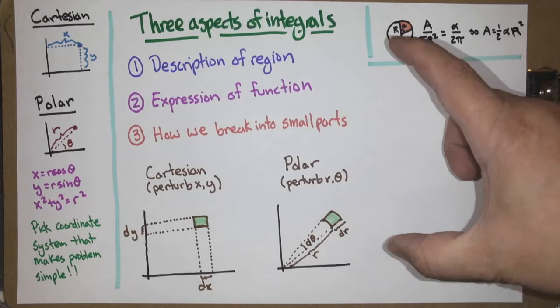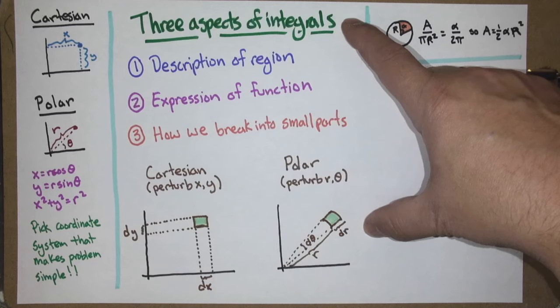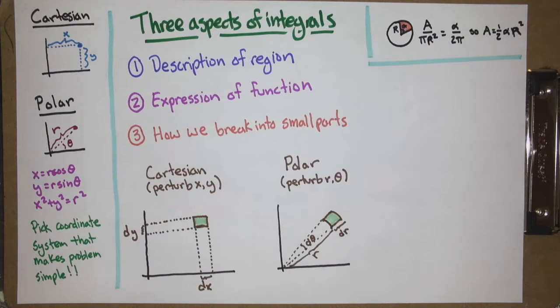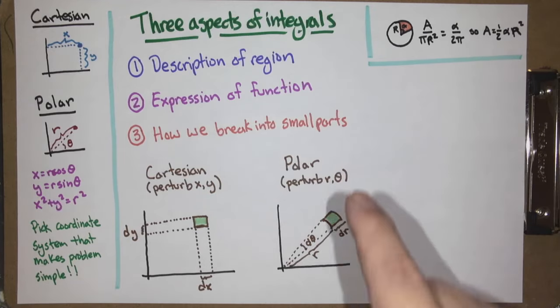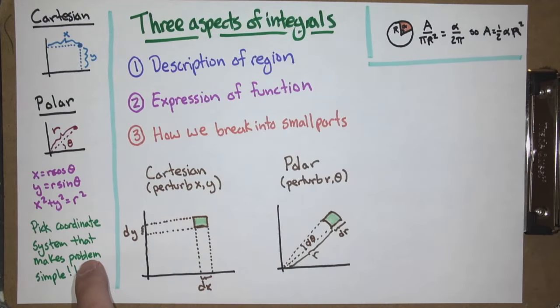Now we're going to talk about the following. We're going to probably say this 4 or 5 times in the next 2 weeks, so it's probably really important. Whenever we think about doing an integral, there's always 3 important parts, the 3 aspects of any integral. So the first thing is we have to describe our region. This gets back into choose the coordinate system that makes the description simple.